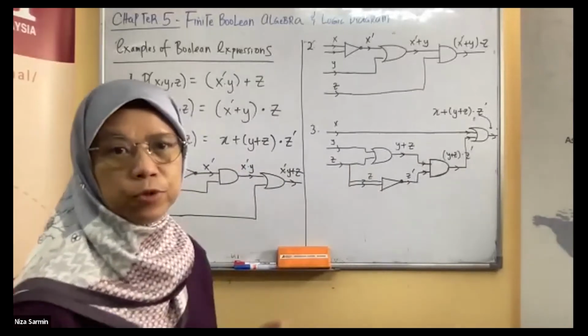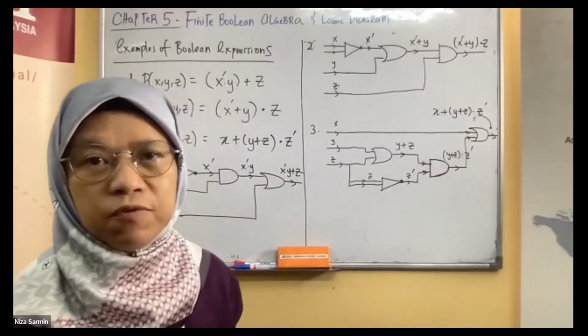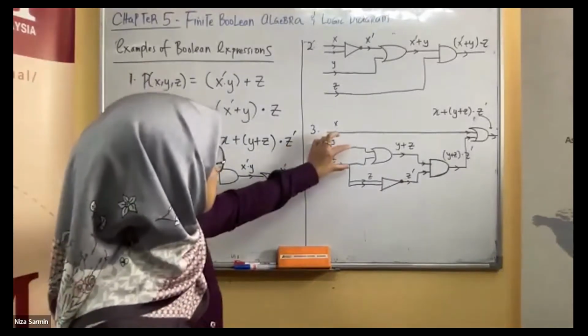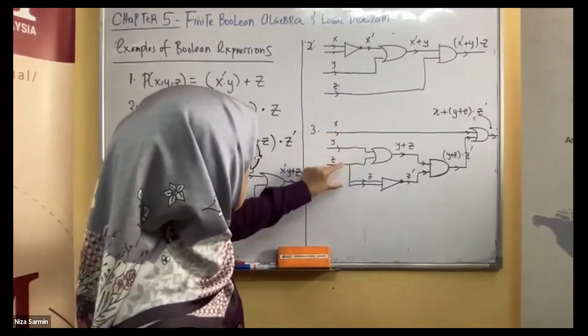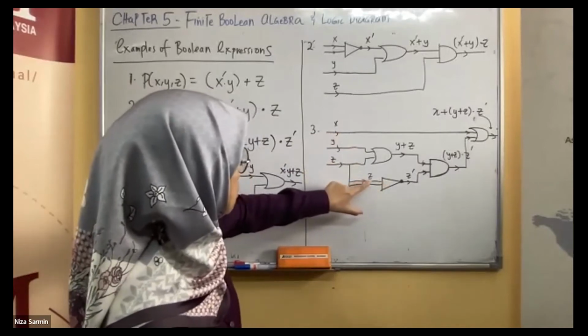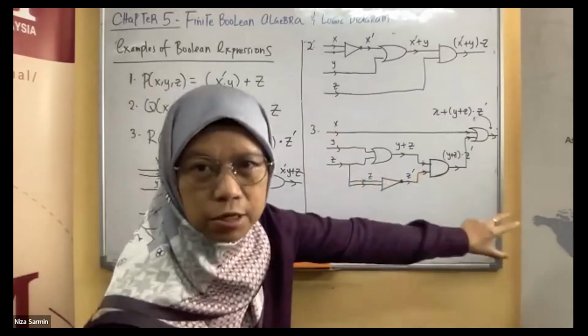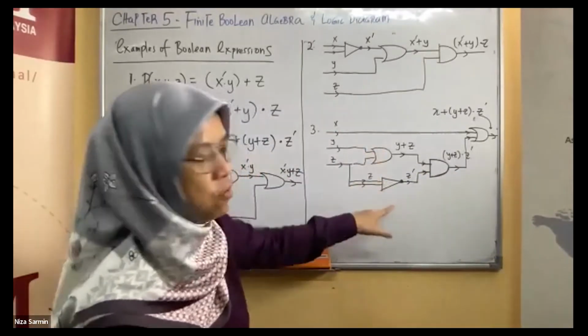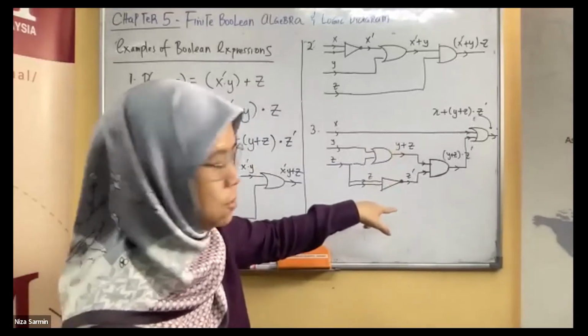So your drawing can be a little bit different from your friend in terms of maybe this one is here a little bit, right? This one is to the right a little bit. So there is no specific rule how far or whether they have to be directly under, right?